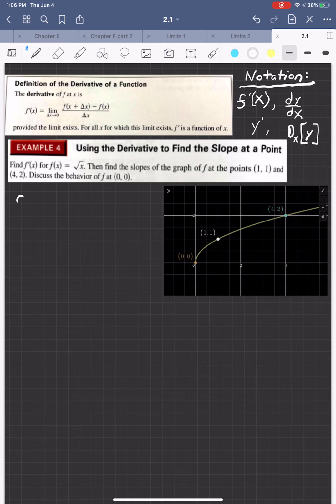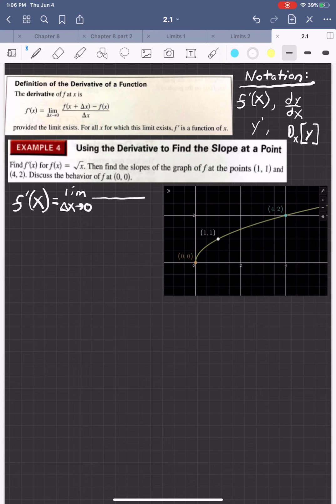So f prime of x. At this stage, I can't continue showing you how to use the difference quotient, but I will at least start you off in the right direction, and then I'll give you some pointers. We have the limit as delta x approaches 0.